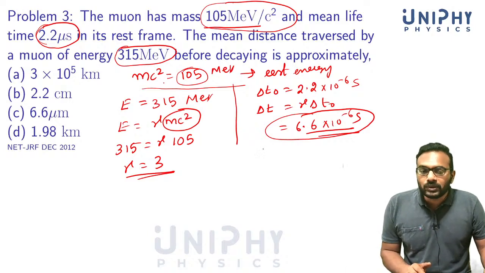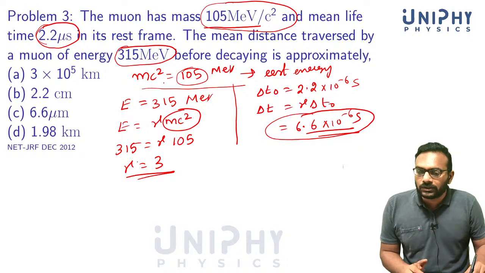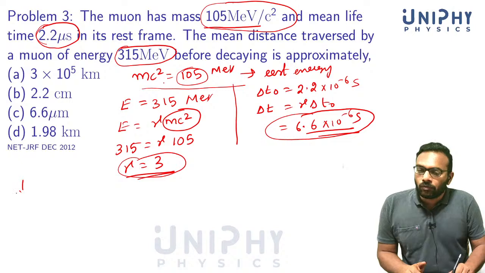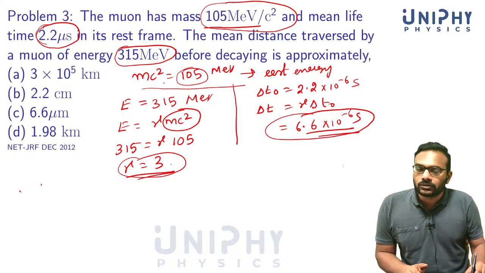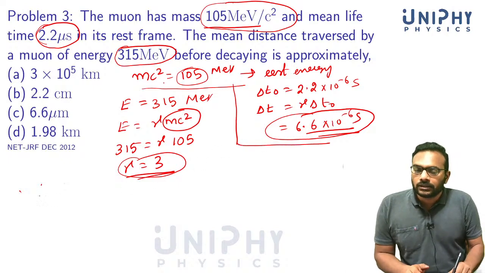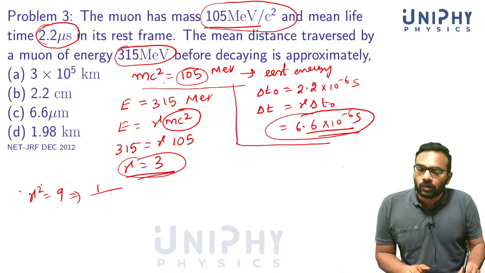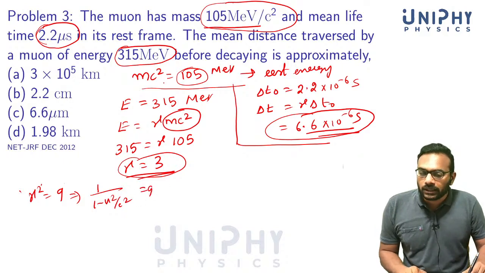Now we also need the velocity. In order to find it, we have gamma equal to 3. Squaring on both sides, gamma square is equal to 9, which means 1 by 1 minus u square by c square is equal to 9. Now we can solve for u.